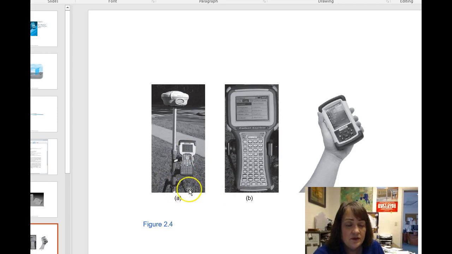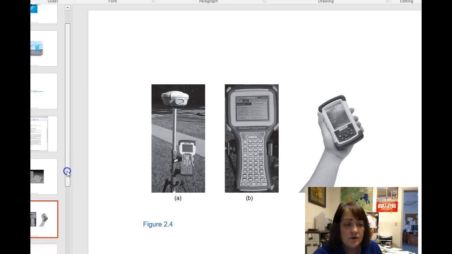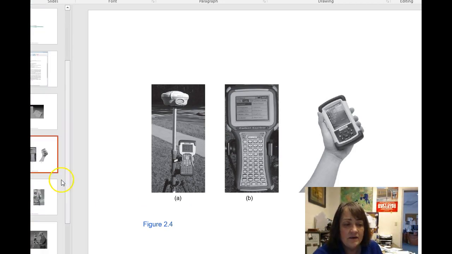Now, when you're using modern electronic equipment with good computer reduction capabilities, you don't necessarily have to write everything down, although there does have to be some sort of written record of what you do in a day. But you can use something like this to collect a lot of data, and of course then you also have the ability to transfer that directly into a program like AutoCAD or a GIS program, without writing down everything and taking it from one form to the other.